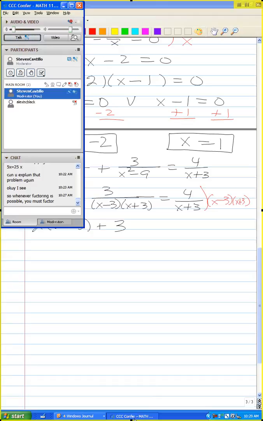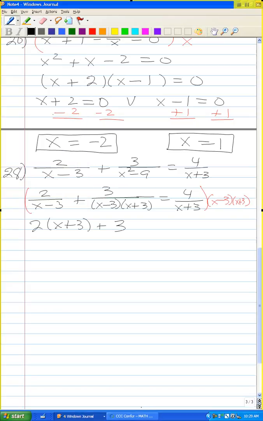Whenever possible, always factor the denominator. You don't have to worry about the numerator, but factor the denominator as much as possible. The x plus 3's cancel on the right, so I just have 4 times x minus 3. Let me multiply.